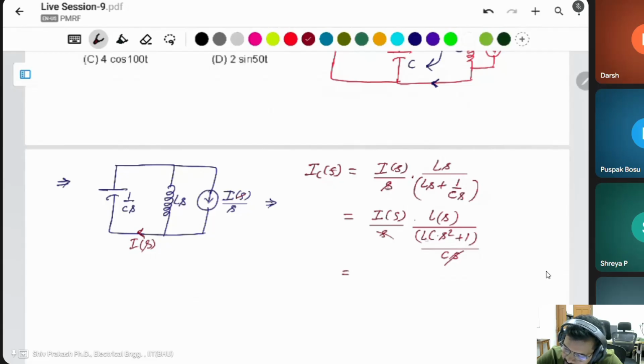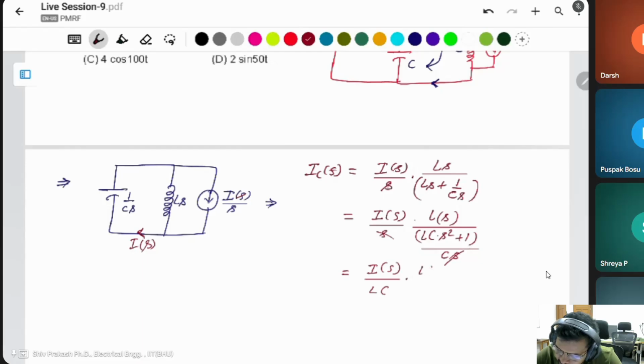Then you can take LC common. This C goes to the upper side.